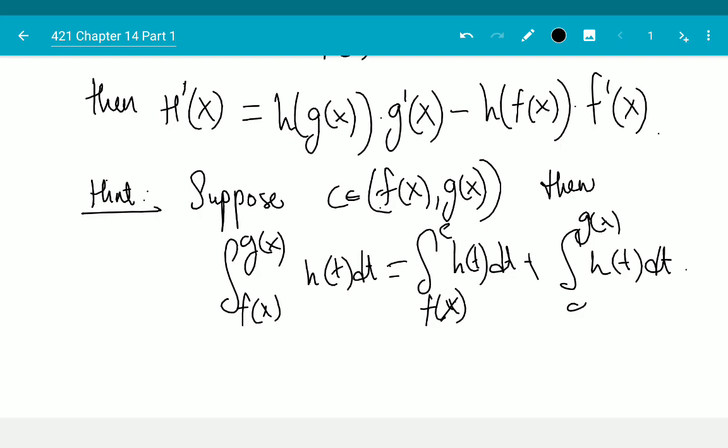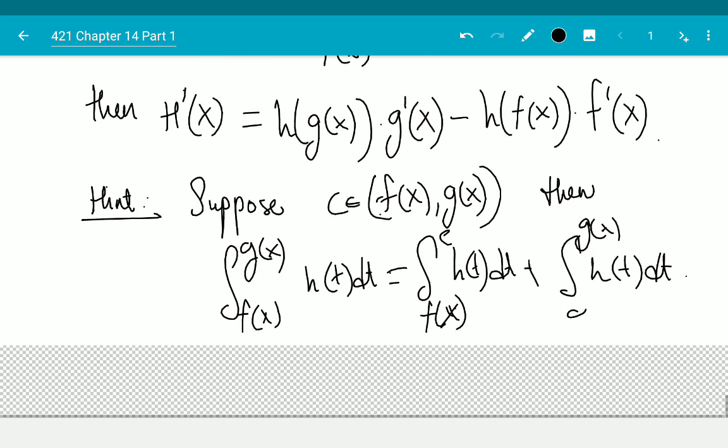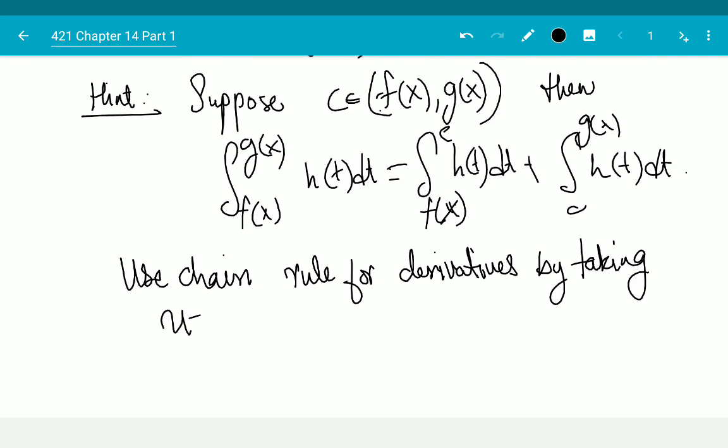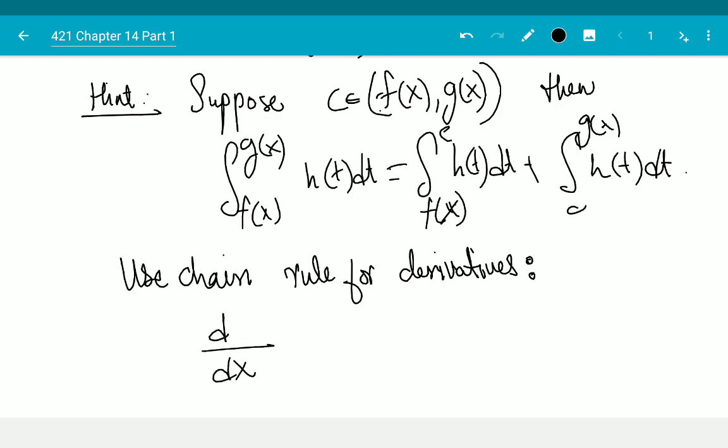Use the chain rule for derivatives, by taking u of x equal to, well, let me just say the chain rule of derivatives, which says d over dx of u of x is equal to d over dx of f of x multiplied by d over d f of x of u of x.